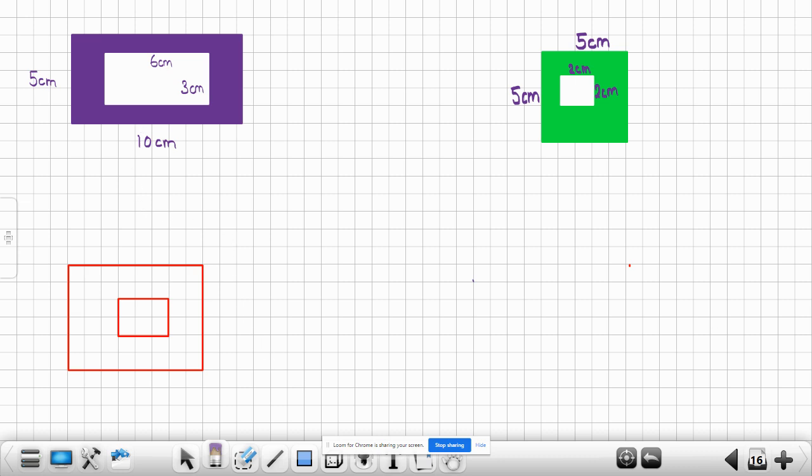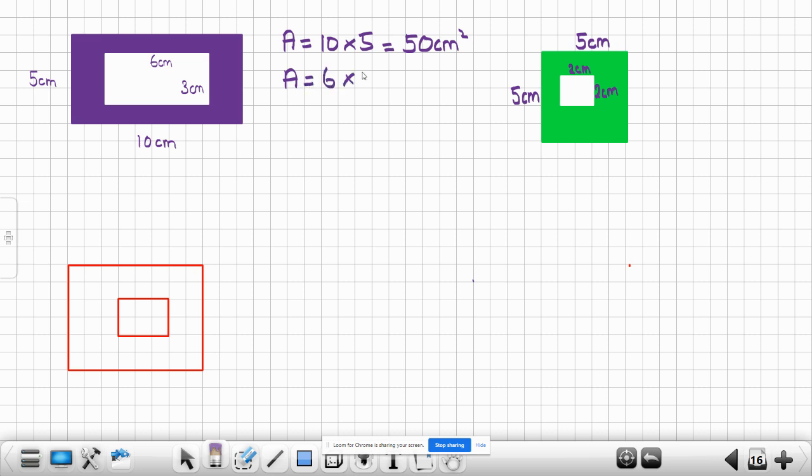So let's just try a couple and then you can go on and try the exercise. So here's our first. We want the area of this purple. So we can see that the area of that big rectangle, if it was filled in, would be 10 times 5, which is 50 square centimetres. And then we've got this white space, which we could think of as another area of a smaller rectangle.